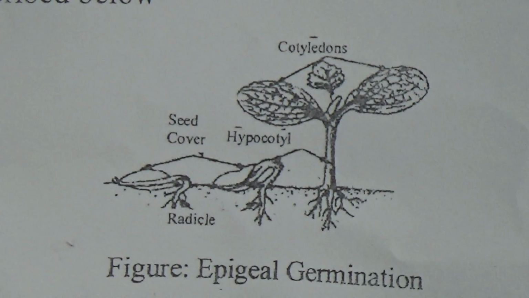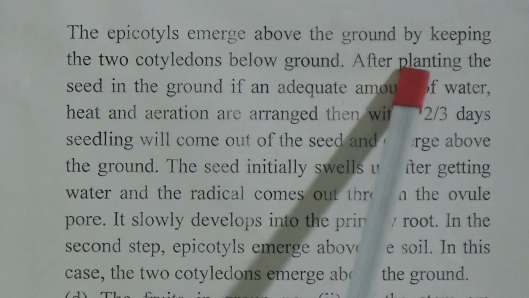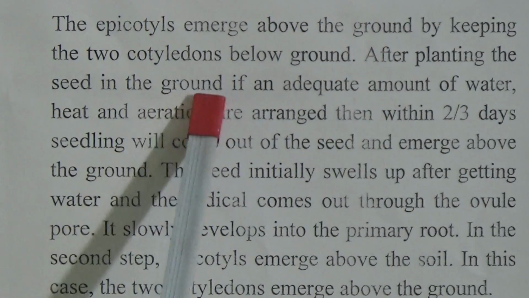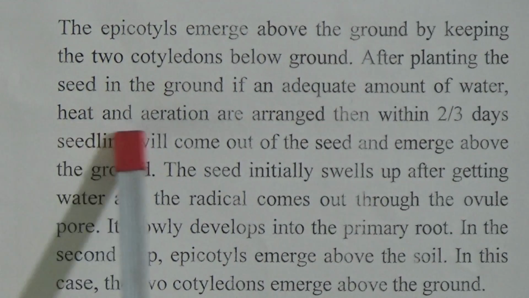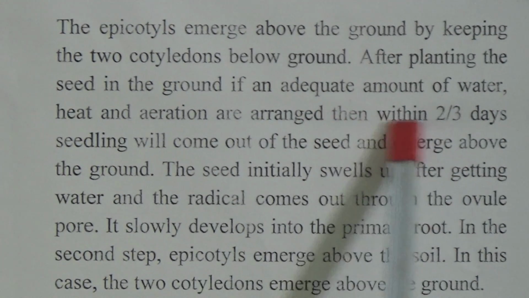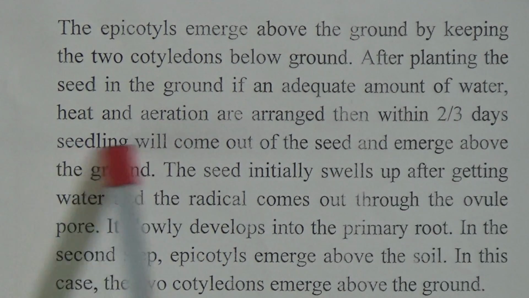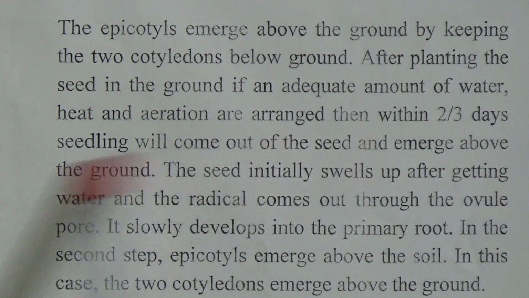And you have to draw this figure for this answer. The epicotyl emerges above the ground, keeping the two cotyledons below the ground after planting the seed in the ground. If an adequate amount of water, heat and aeration are arranged, then within 2 or 3 days seedlings will come out of the seed and emerge above the ground.